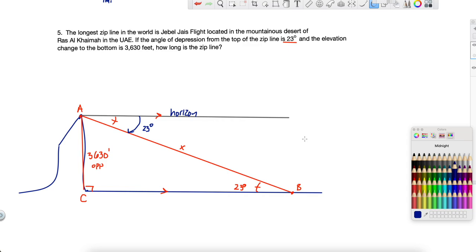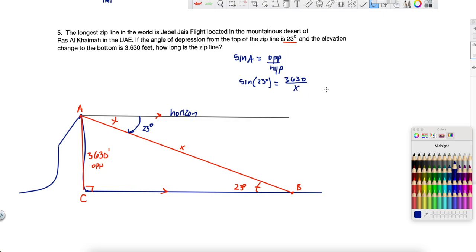So this is a job for sine, because sine is the opposite leg divided by the hypotenuse. Sine of angle 23 equals 3630, that's my opposite, divided by X.